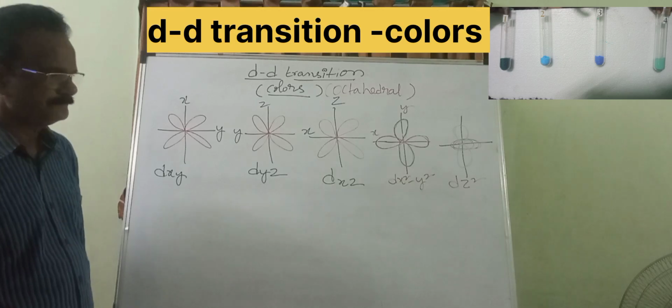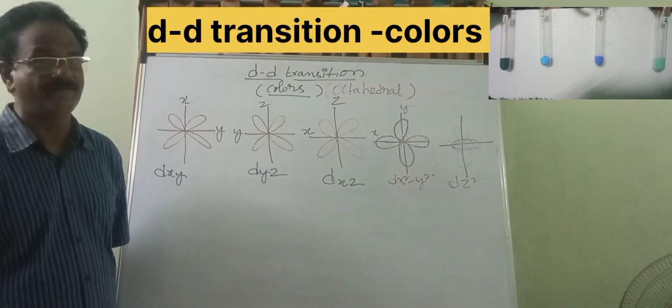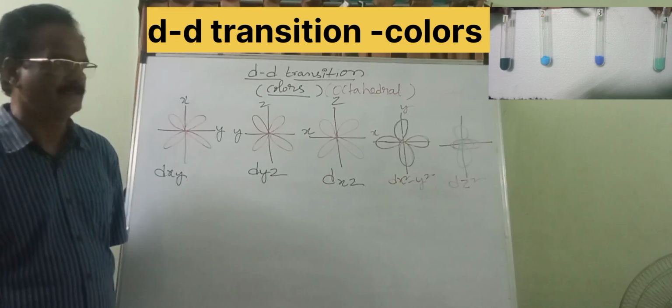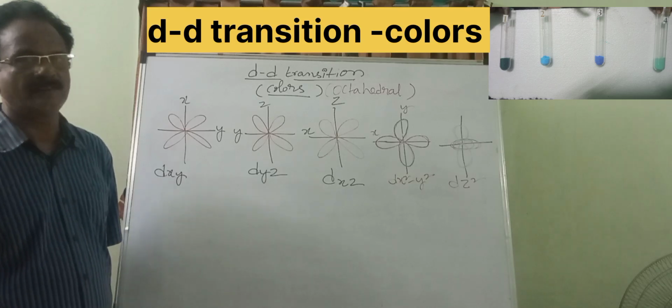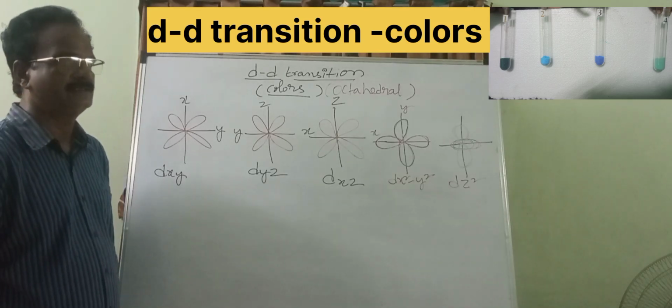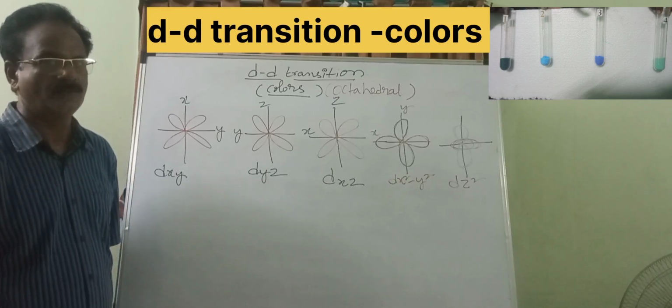So let us see, in absence of any field, that means electric field or magnetic field, all d orbitals are degenerate. We know that there are 5 d orbitals. So these 5 d orbitals are degenerate in absence of field strength. Okay.